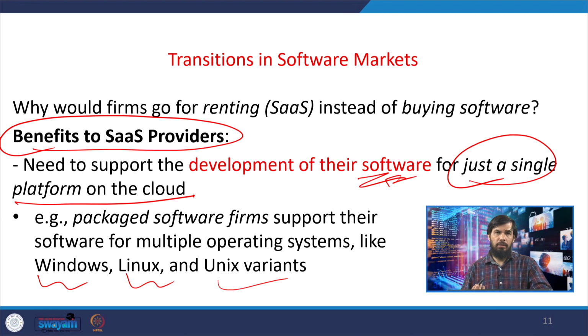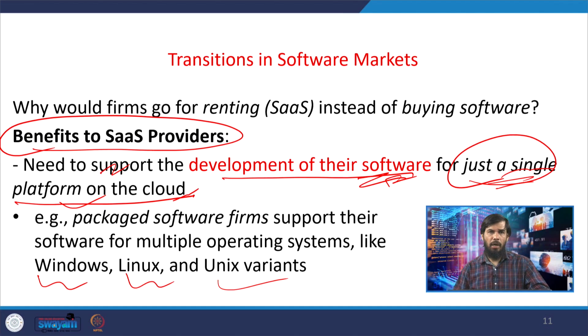That is not needed in case of a SaaS offering, because users don't have to worry about it; they are only accessing the software and the platform is hidden or managed by the SaaS provider. So the SaaS provider needs to manage and develop their software for just a single platform on the cloud, right?